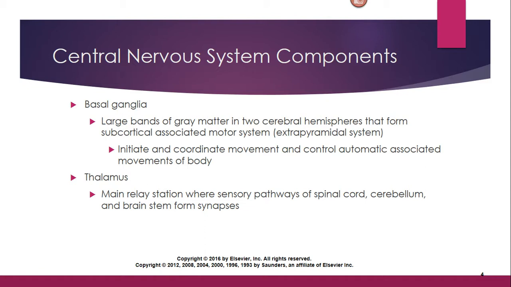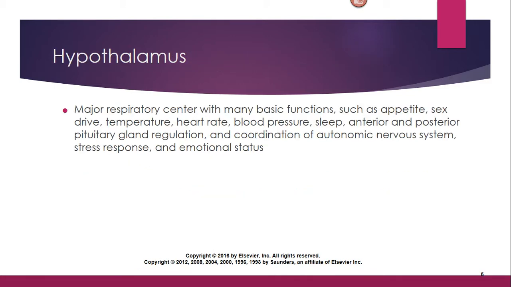The thalamus is our main relay station where sensory pathways of the spinal cord, the cerebellum, and the brainstem form synapses. And then our hypothalamus is where our respiratory center is, along with some other basic functions such as appetite, sex drive, temperature, heart rate, blood pressure, sleep, anterior and posterior pituitary regulation, and the coordination of our autonomic nervous system. Just to name a few.